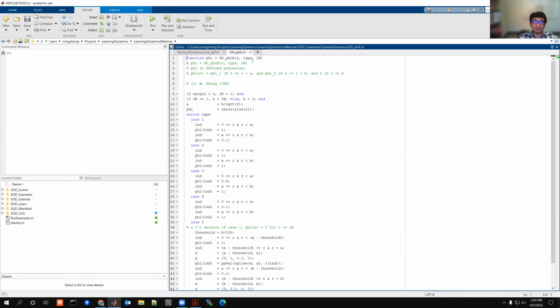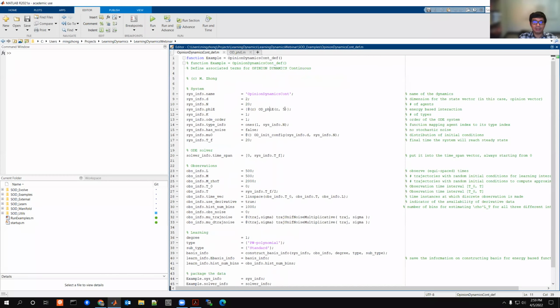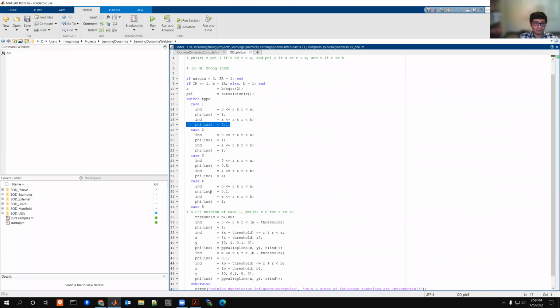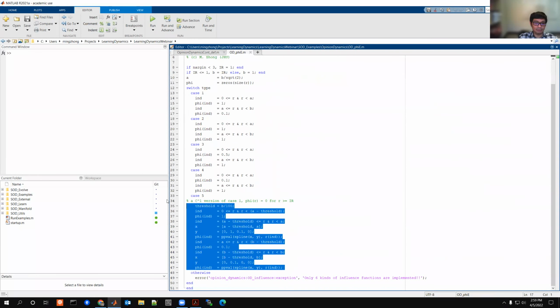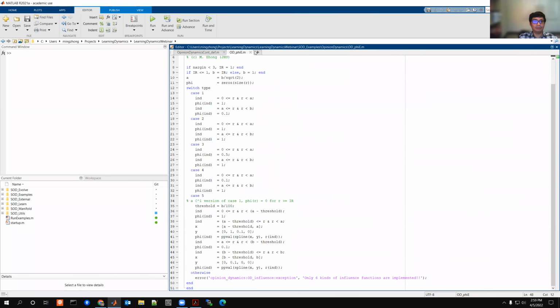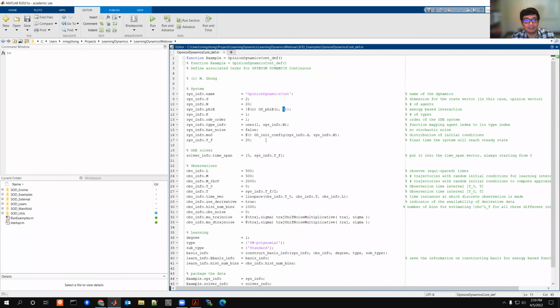In this case, let me show you the built-in ones for this opinion dynamics. They are all complex supported, and the first one has stronger interactions in close range but weaker interactions in longer range. So you actually have clusters instead of consensus. You can change the example here. Oh yeah, this is a continuous case, so we actually have a continuous example built in. You can define your own if you want to try other opinion dynamics examples.